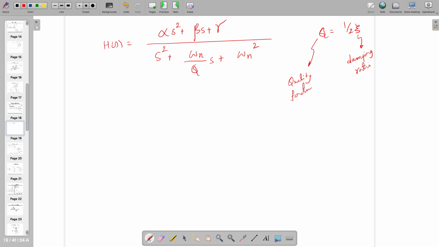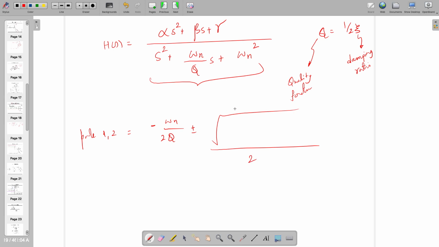So if I want to find out the pole locations, there are two poles. Then B square minus 4AC divided by 2A, right?